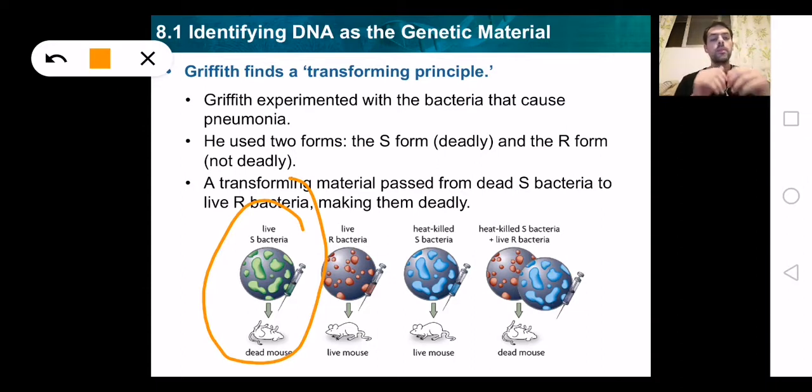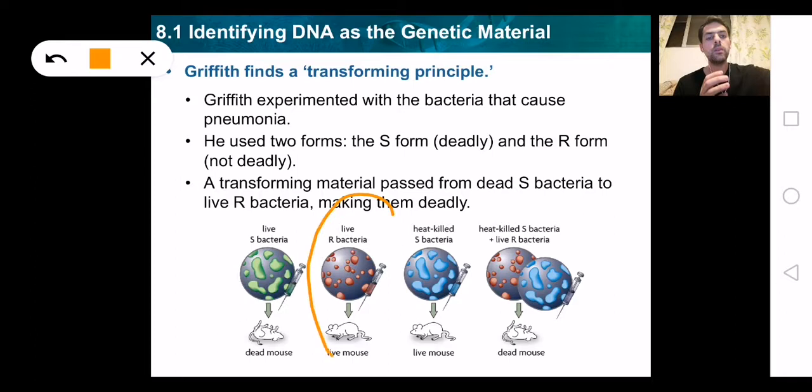Now, the second thing he did, which is the second one here, he gave another mouse live R bacteria. What happened to the mouse? It lived. Nothing happened. It lived.